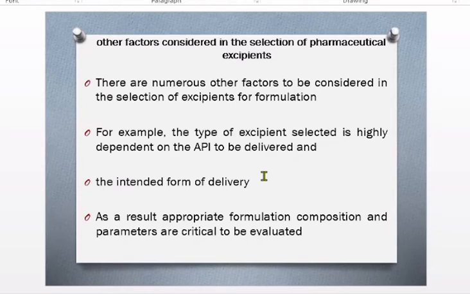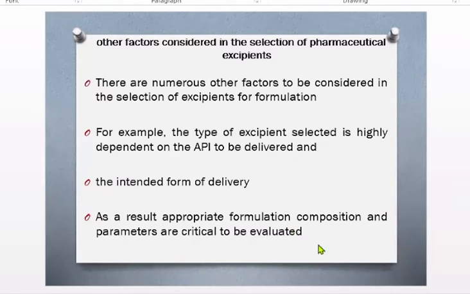Are you intending to deliver the drug as an oral solid drug delivery system? Or are you going to deliver it as an oral solution, or is it a parenteral drug, or are you going to use a transdermal? Is it a topical preparation, and so on? So the intended form of drug delivery is going to dictate which excipients you can use.